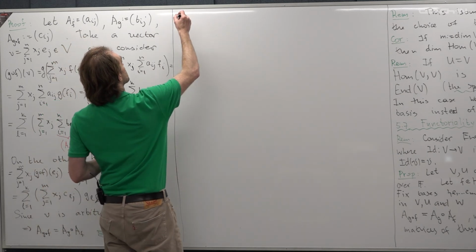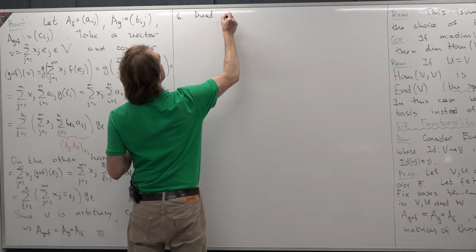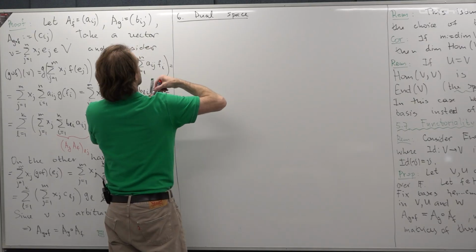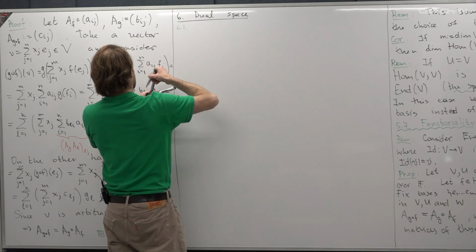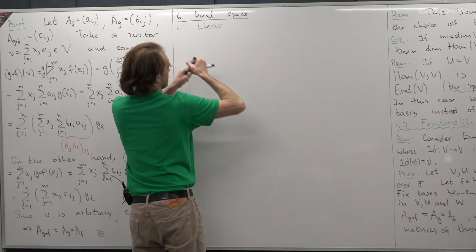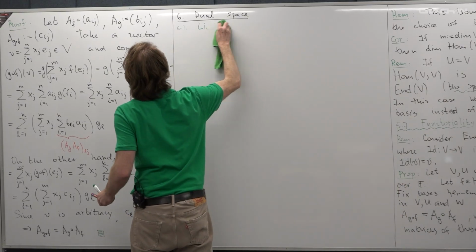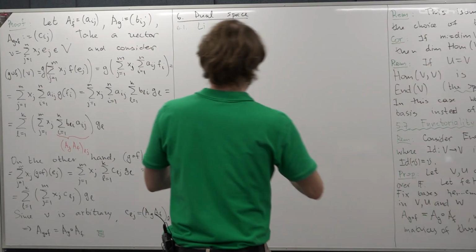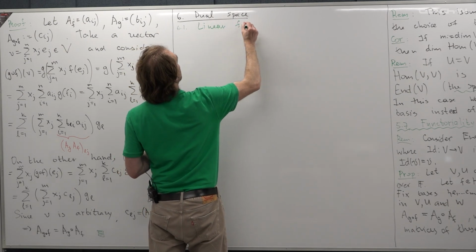So section number 6, dual space. And so 6.1, linear functionals.